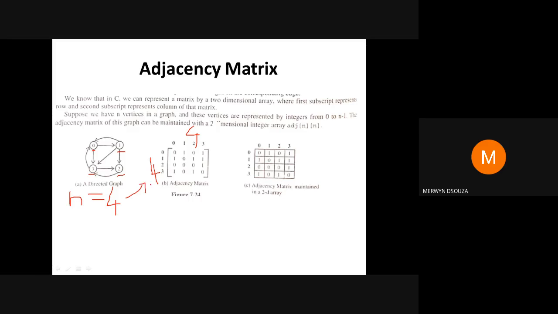If n was 6, then you would have 6 rows and 6 columns. And the names of the rows and the names of the columns are the names of the vertices.